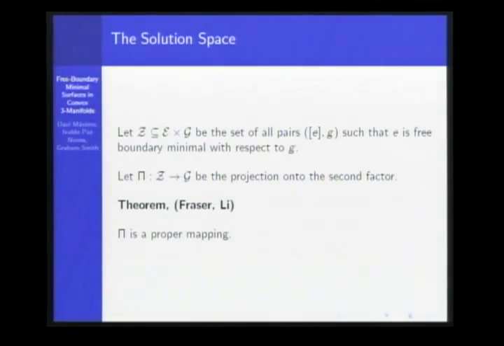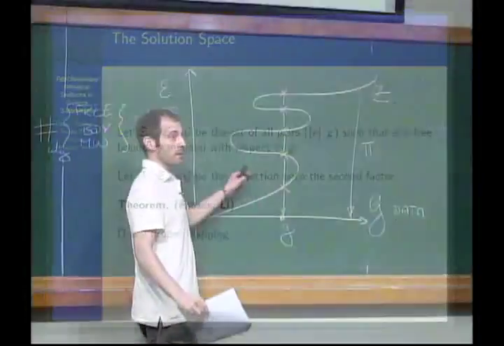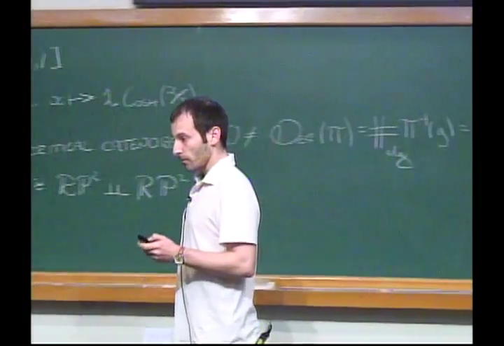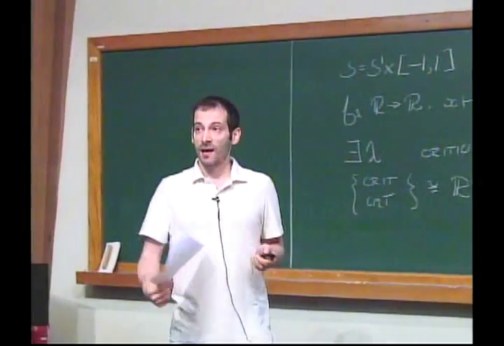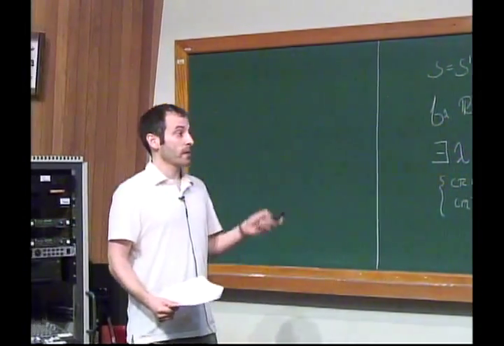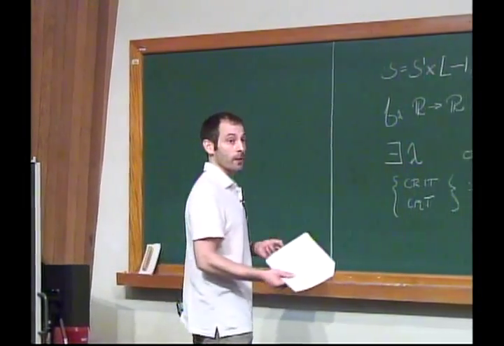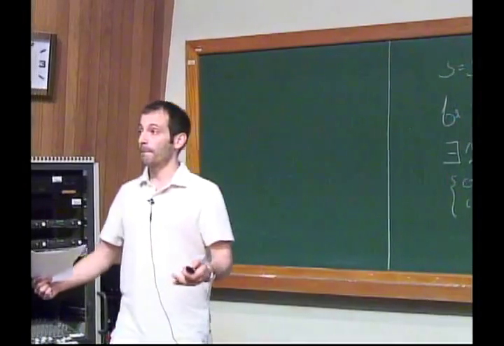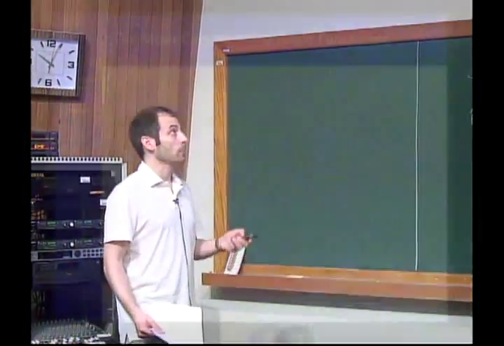So, the first step that we want to do then is understand in what sense this space Z can be considered a manifold. So, we have a look again at the definition of the space Z. Z is the space of all free boundary minimal surfaces. So what we can do is write that as a zero set of a functional.